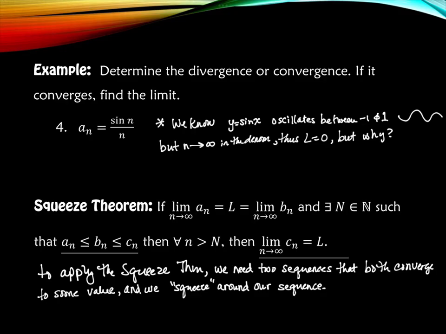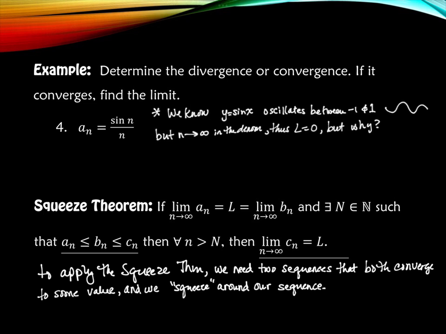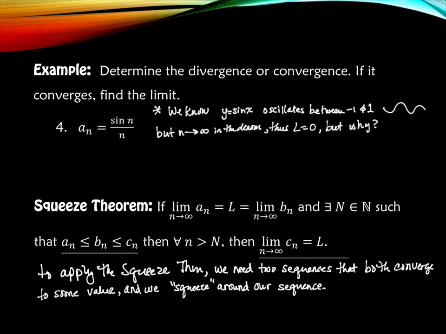Okay, we said sine goes between -1 and +1. We're going to write that in inequality notation. So I'm going to go back up because I have more space on the line above. You probably still have more space on your line below, but write it wherever you'd like. But here's the deal. -1 is less than or equal to sine of n is less than or equal to 1. Correct? It goes between -1 and 1.